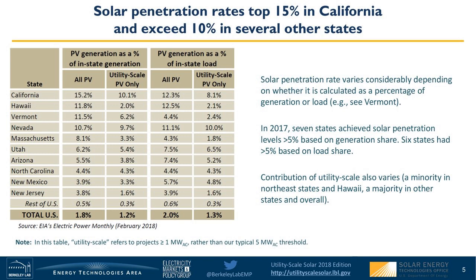But in general, these are the top 10 states in the U.S. in terms of solar penetration, shown in the table here. The relative contributions of utility scale versus distributed solar also varies from state to state. So for example, most of Hawaii's solar penetration comes from distributed solar, whereas most of Nevada's comes from utility scale.